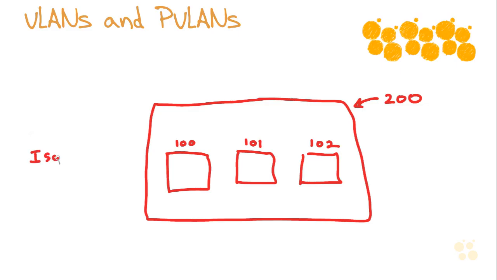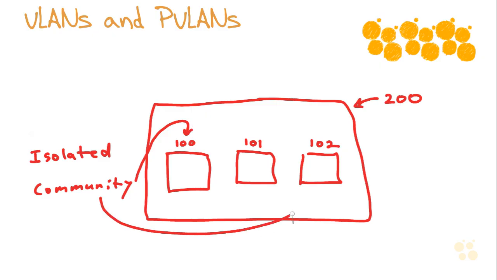As you know, for your sub-VLANs, there are different types. There's an isolated sub-VLAN, and there is a community sub-VLAN structure that you can create. So let's say we make the 100 VLAN a community sub-VLAN and the 102 a community sub-VLAN.